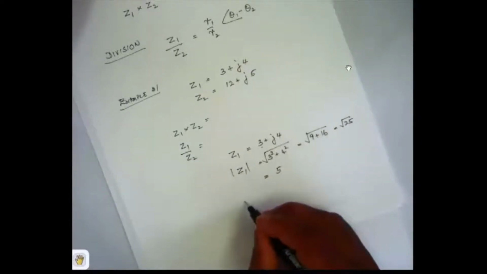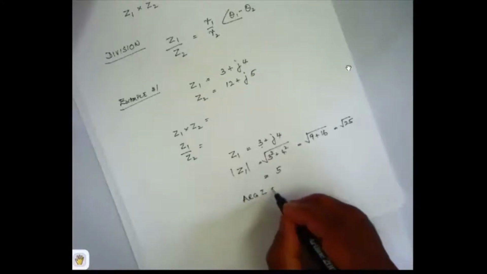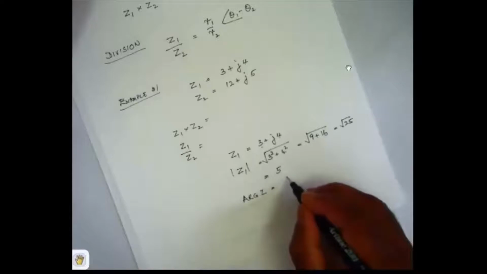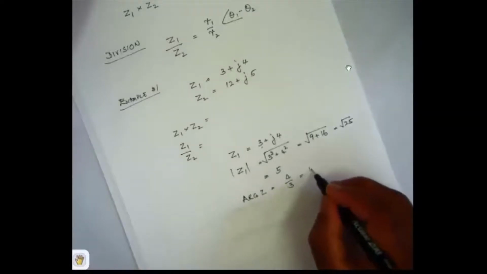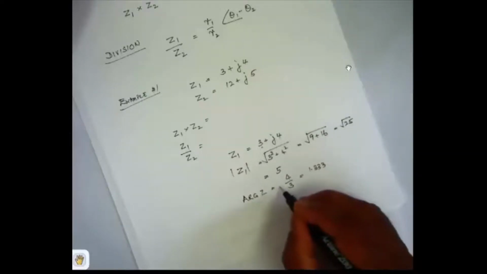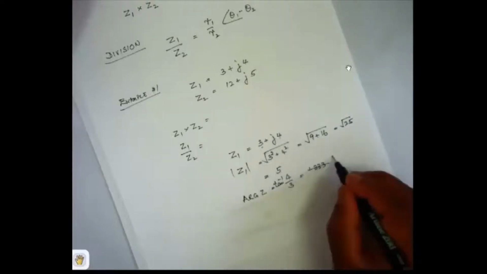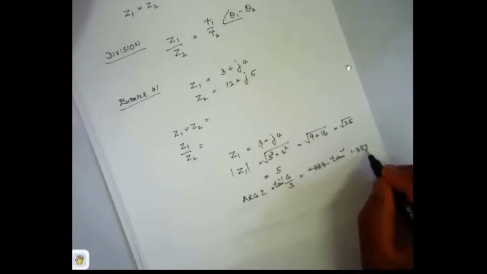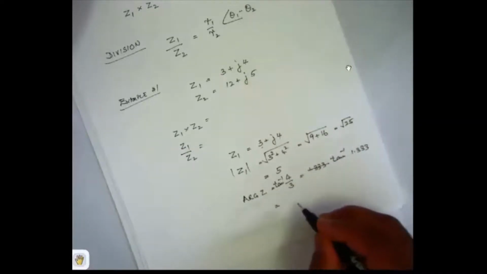And the argument of Z is tan inverse of 4 over 3, which is tan inverse of 1.333, which is equal to 53.13 degrees.